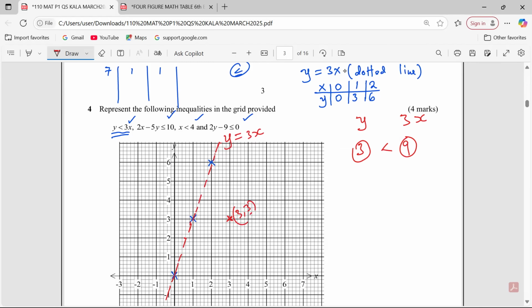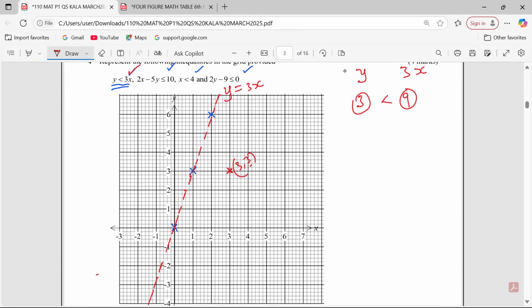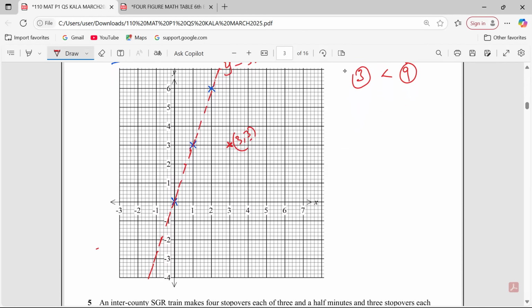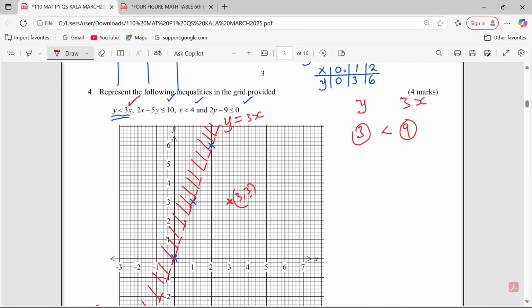And the inequality symbol used in this is less than. Therefore, the coordinate that we have picked is on the right side, is on the required side. That means now the other side of this line is not the wanted side, and so it should be dotted like that. It should be shaded that way.